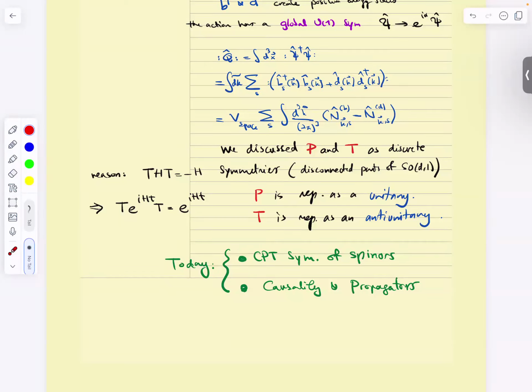Today, we talked about C, P, and T as symmetries. We're going to talk about CPT acting on spinors and talk about causality and propagators. First thing that you notice is how P acts on a scalar field, here a complex scalar field. How does C act? Phi dagger at the same point. The action is simple. How does P act?